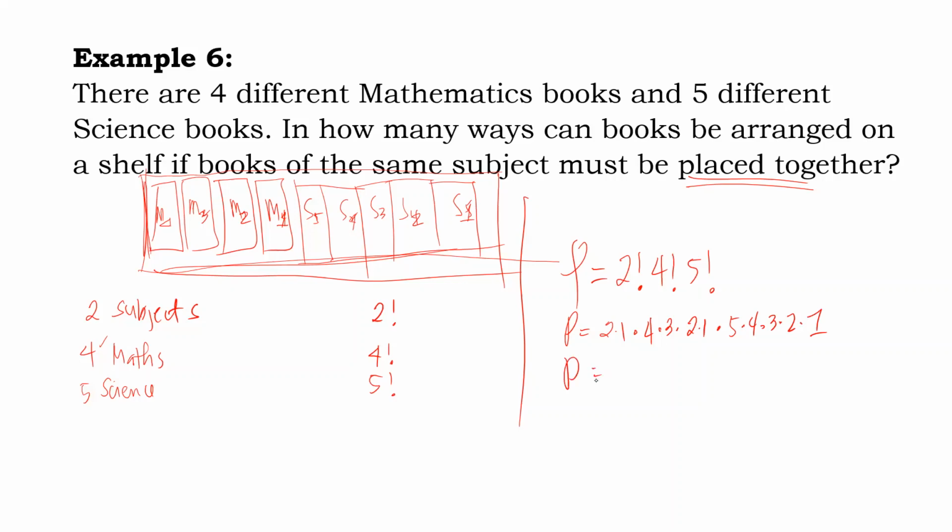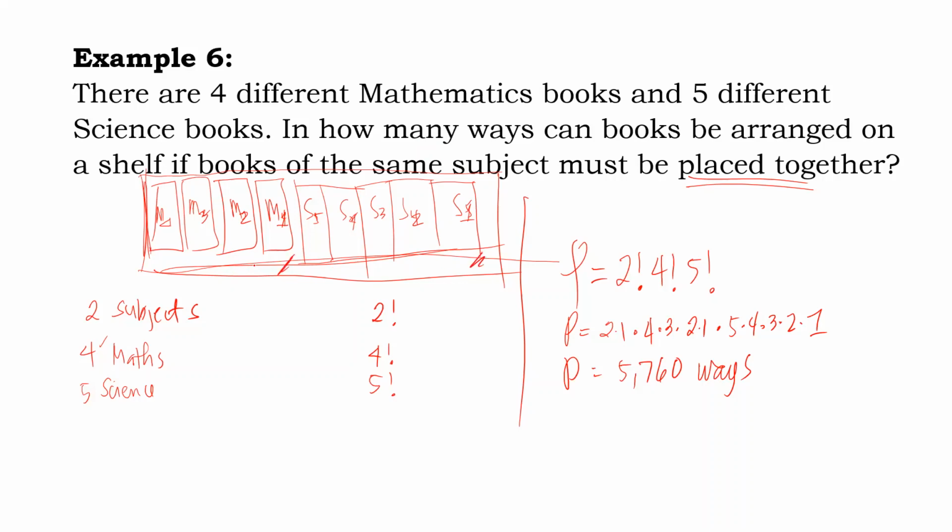Total permutation is, kung isi-simplify sa calculator, this is 5,760 ways. There are 5,760 ways that you can arrange the books in a shelf of the same subject.